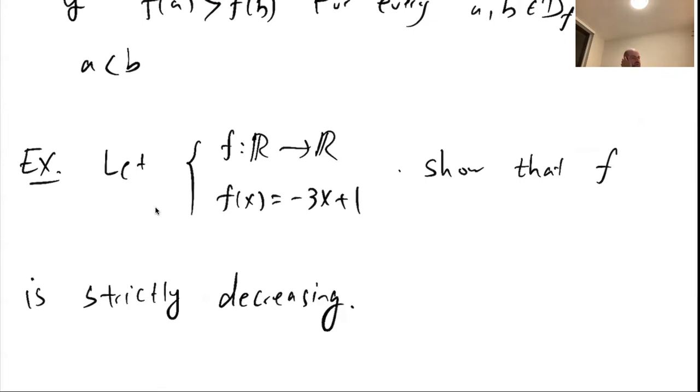How can I show that f is strictly decreasing? So first we have to think about it. Should we prove it with examples or with a general proof? Here we want to show something holds, something is true. So our proof has to be in general.